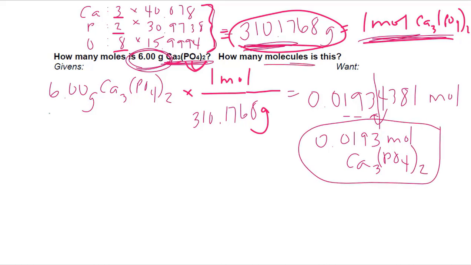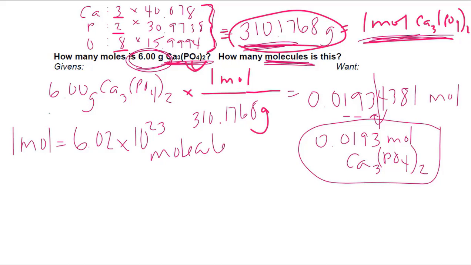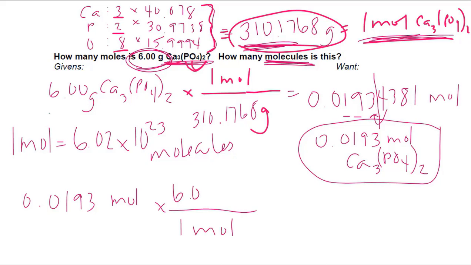Then the next step is how many molecules is this? Once I know how many moles, we know that 1 mole of anything is equal to 6.02 times 10 to the 23rd molecules, or atoms, or particles. So I'm going to take my 0.0193 moles of calcium phosphate, and I'm going to have moles on the bottom. 1 mole is equal to 6.02 times 10 to the 23rd.